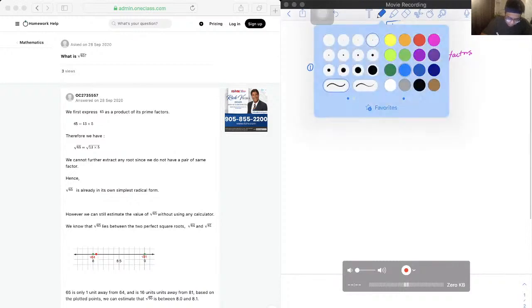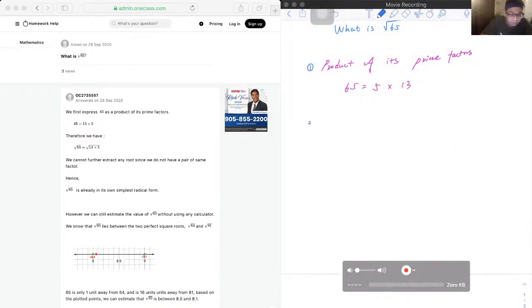Now we can go to our second step. We can apply the radical root. So we have root 65 is equal to root 5 times 13.